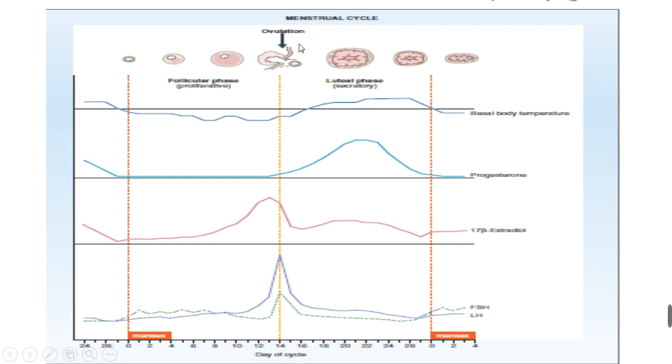This is the ovulation, which occurs at the middle of the cycle at day 14, and this is the luteal phase where the corpus luteum is dominant.